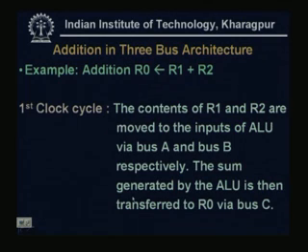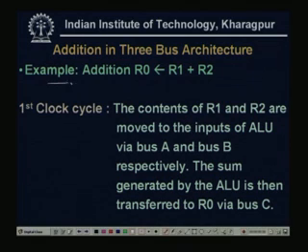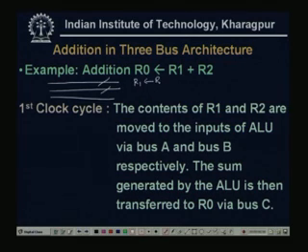If 3 buses are available, what will they do? One will do the transfer R1 to B1, the second will do R2 to B2, and the third will carry the result R1 plus R2 to R0.